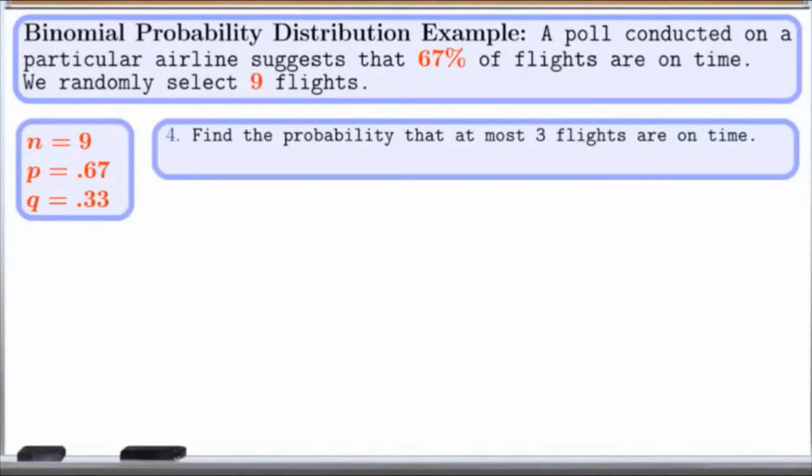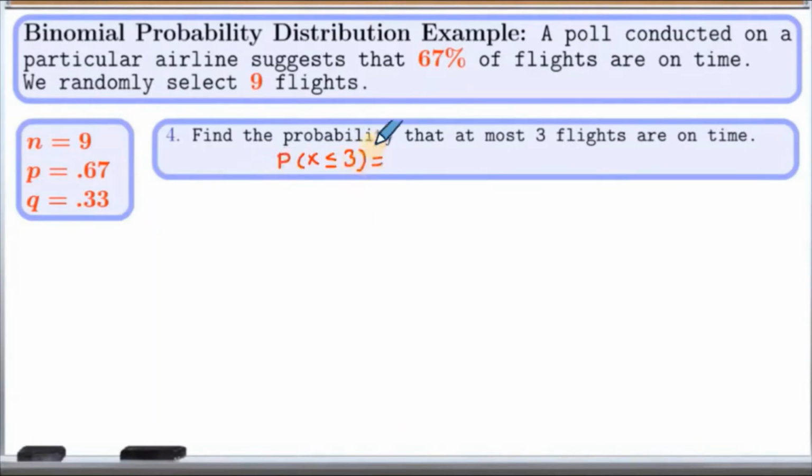So this is problem number 4. Here we are supposed to find the probability that at most 3 flights are on time. So this can also be written as probability of x less than or equal to 3.